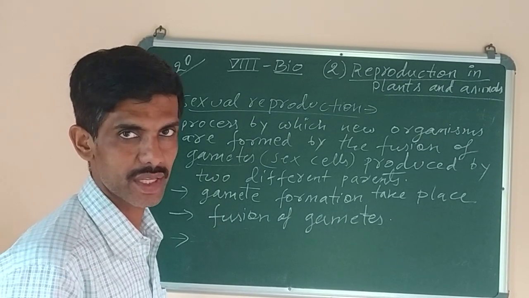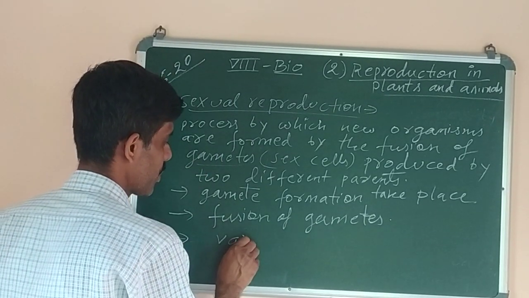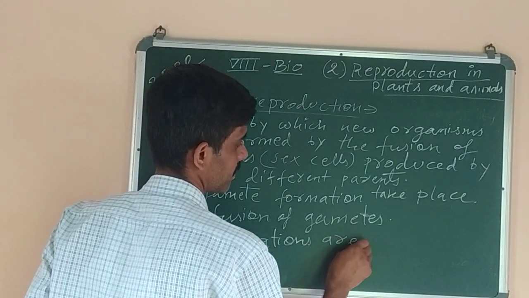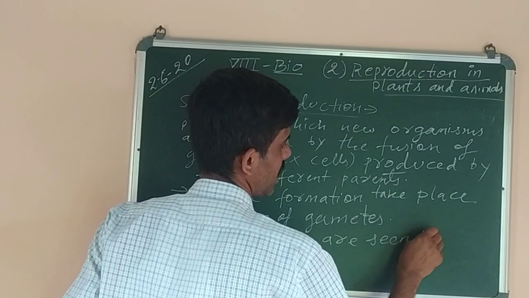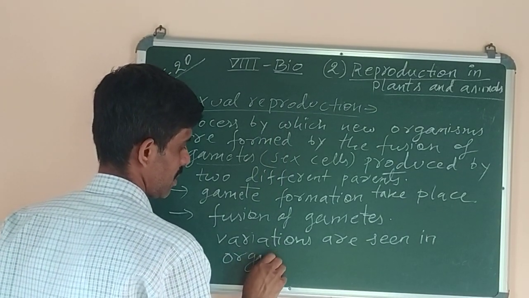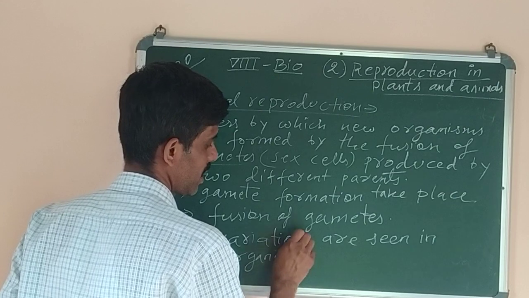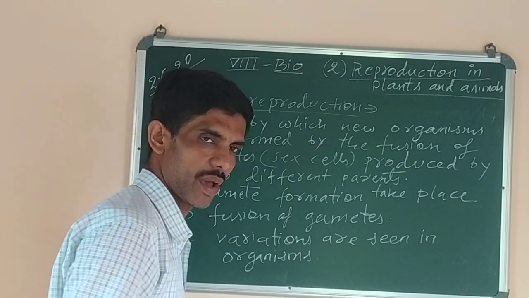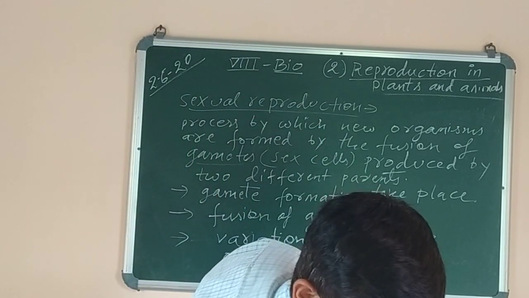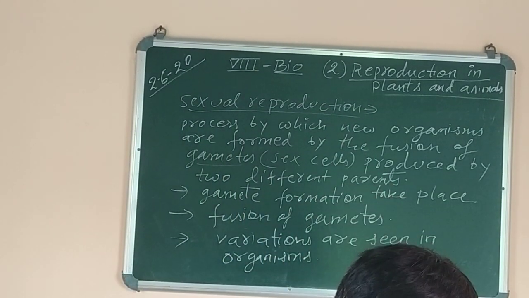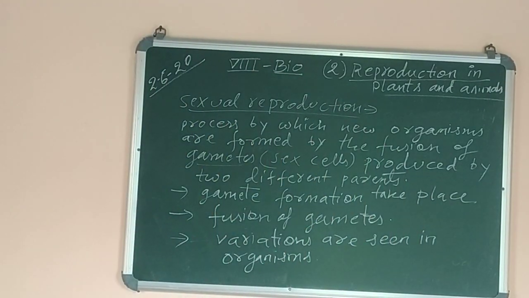Variations means differences. So variations are seen in the organisms which reproduce by sexual reproduction. This much will help you to understand. Now next we have the different types of asexual reproduction that we'll study.